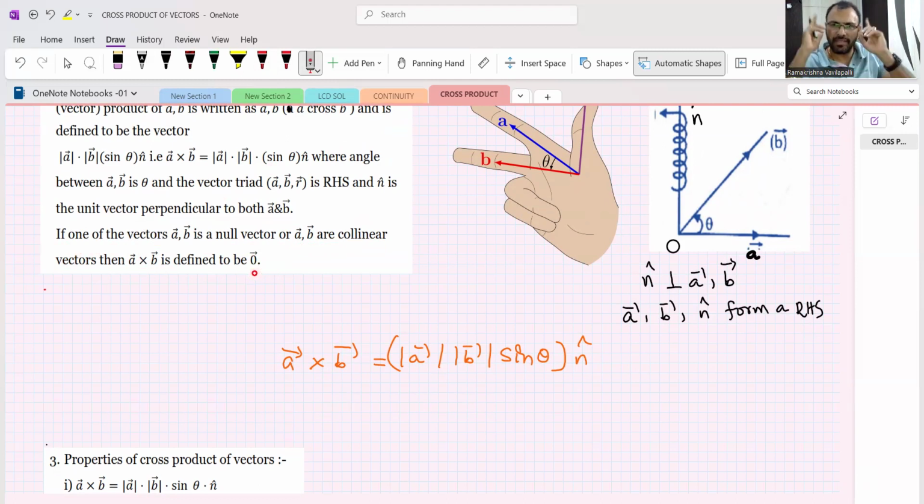Once again, A bar cross B bar equals mod A into mod B into sin theta, where theta is the angle between the vectors, into n cap. What is n cap? N cap is the vector perpendicular to A bar and B bar.